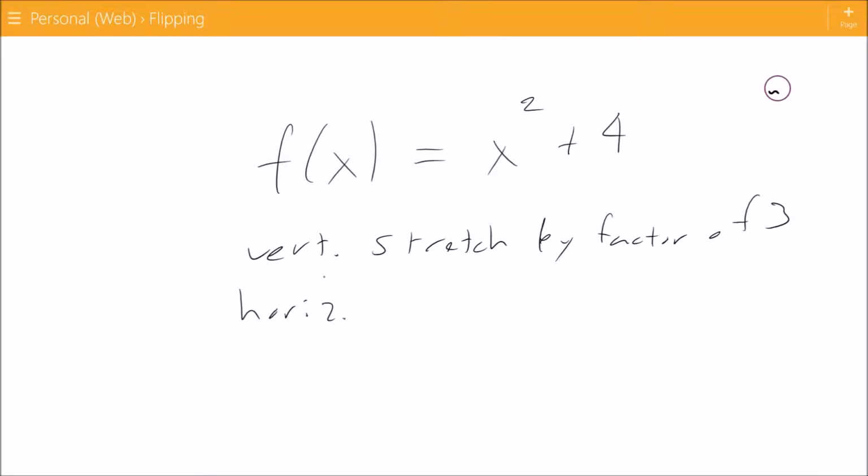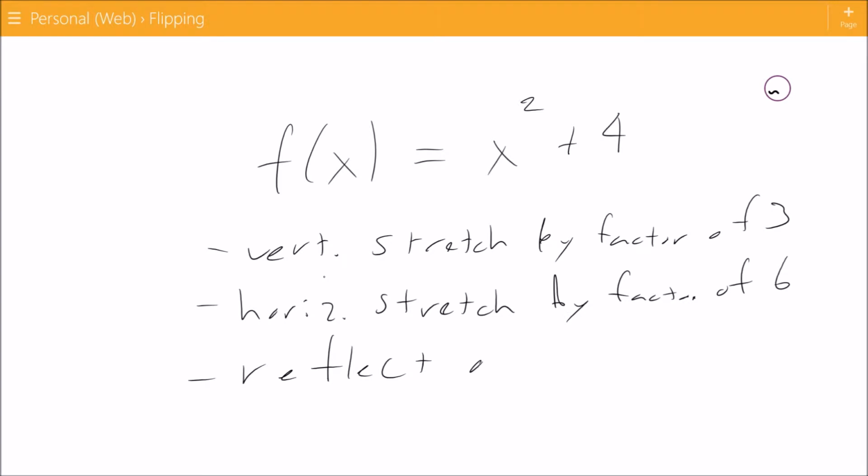Horizontally stretch that. How would the function change? By a factor of 6. And lastly, reflect this over the x-axis.